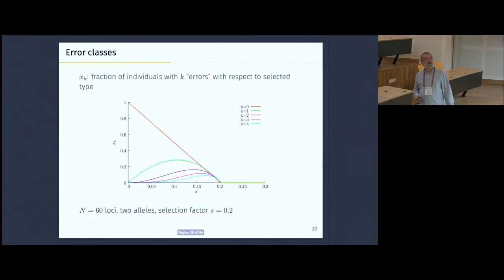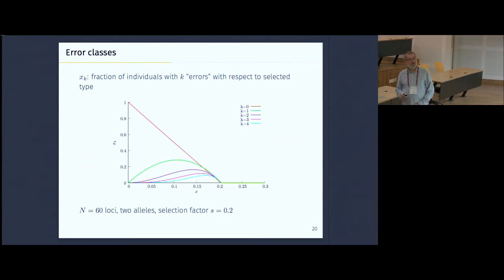But, okay, if you look now at the distribution of error classes, which I defined before: class 0 is the wild type, class 1 is 1 mutation, 2 mutations, and so on and so forth.